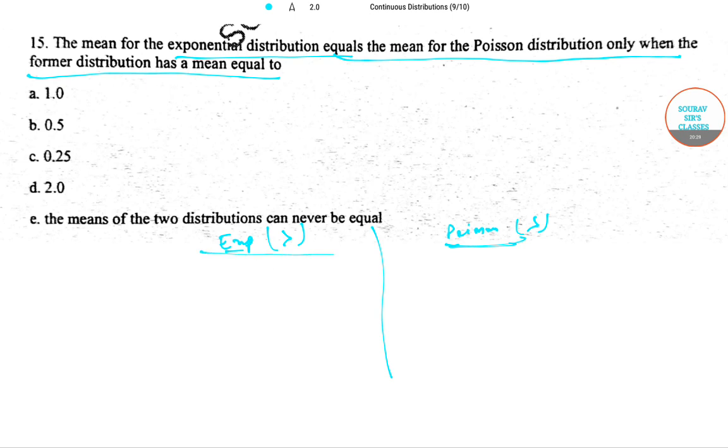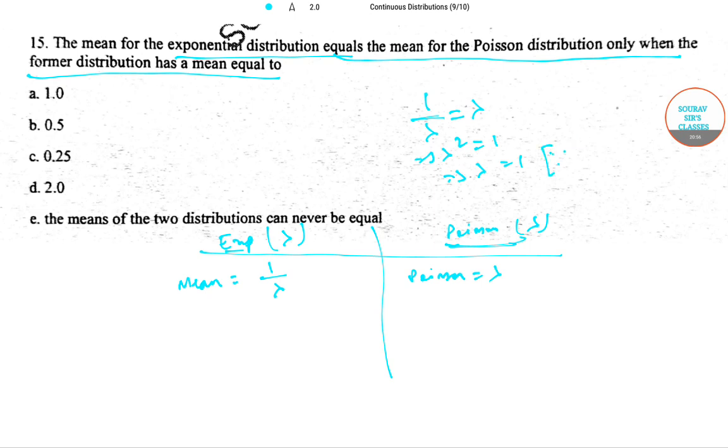Now, the mean for exponential is 1 by lambda, whereas that for Poisson is lambda. For the mean of both to be equal, we have 1 by lambda is equal to lambda, lambda squared is equal to 1, so lambda is equal to 1.